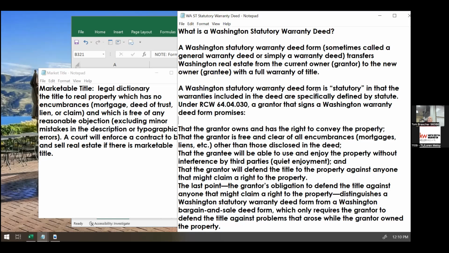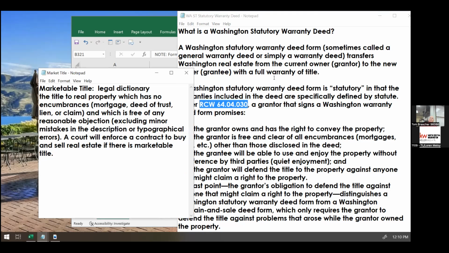It is statutory in that the warranties included in the deed are specifically defined by statute under RCW 64.04.030. Rather than sitting here reading all that, I'm going to include it when I send stuff out, because when I group these emails together, it allows you to download into a folder. So for quick reference, everything should be right there for this form and everything that's referenced in it, and also the definitions of marketable title and warranty deed.